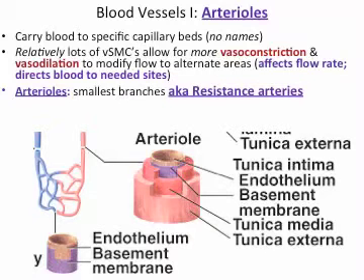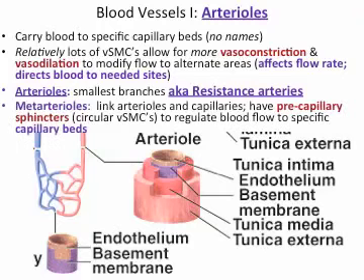And I also told you that because of this phenomenon where vascular smooth muscle cells can vasoconstrict or vasorelax, when they're vasoconstricting, they're offering a lot of resistance throughout the vascular tree. That's why the arterioles are also called the resistance arteries.